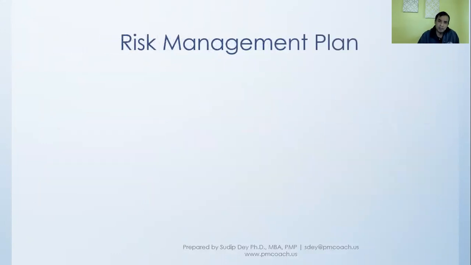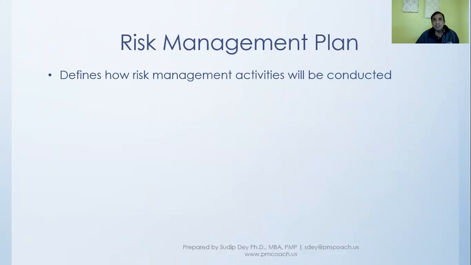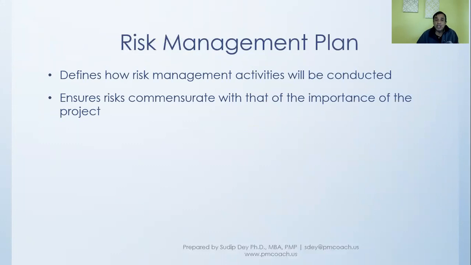Now, the risk management plan, like we said before, is how we are going to do it. It's our roadmap. It really defines how risk management activities will be conducted. What is the approach we're going to take? And when we do that, we also need to be aware that the risk in a project should be aligned to how important or the type of the project is.